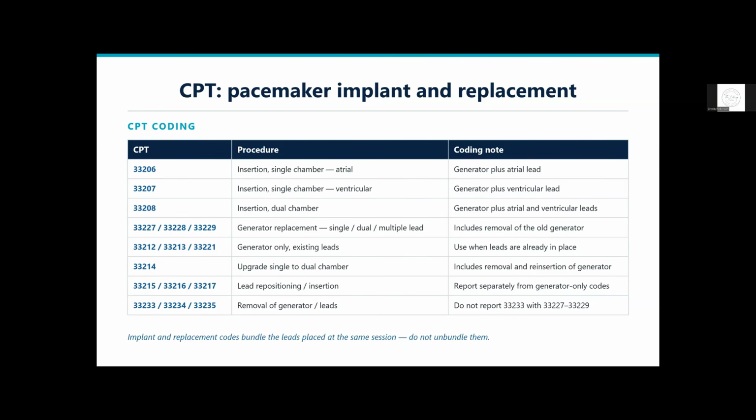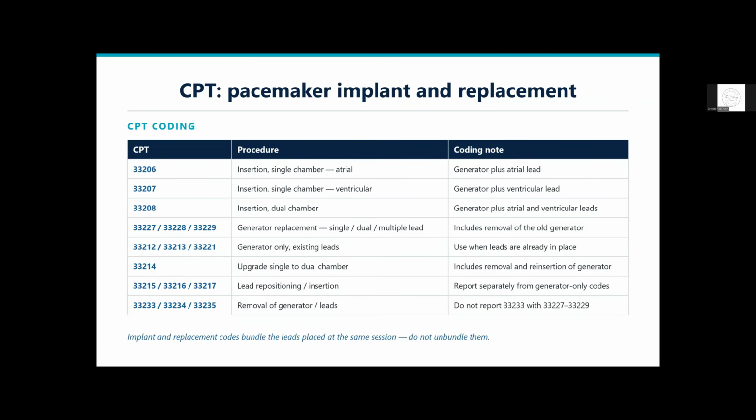Generator-only codes 33212, 33213, and 33221 apply when leads are already in place. Upgrades such as 33214 include removal and insertion of the generator.